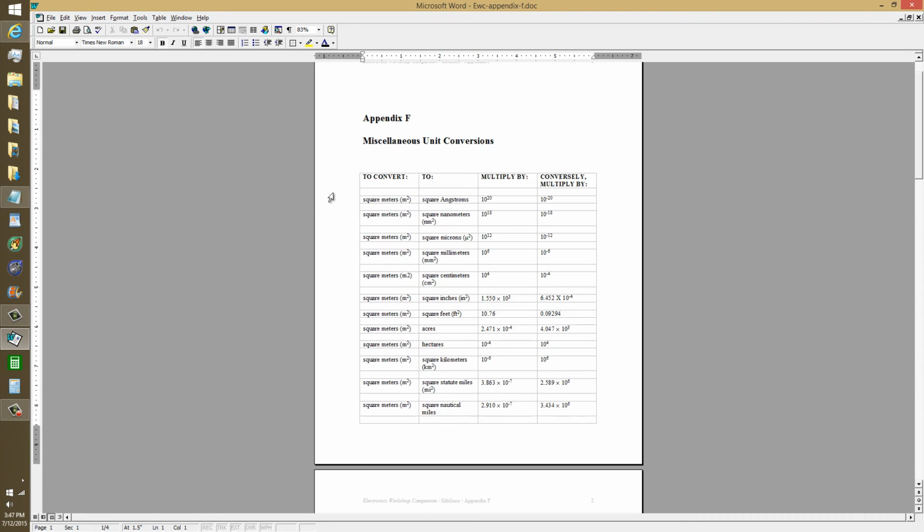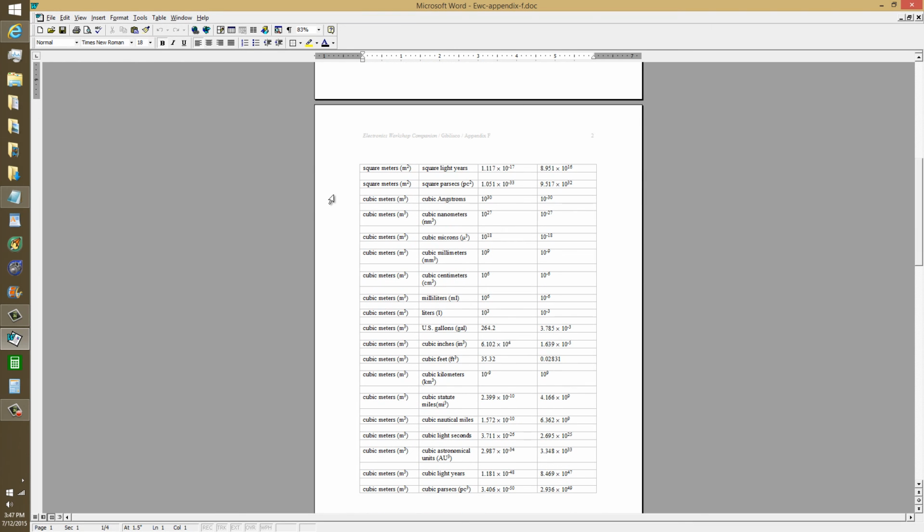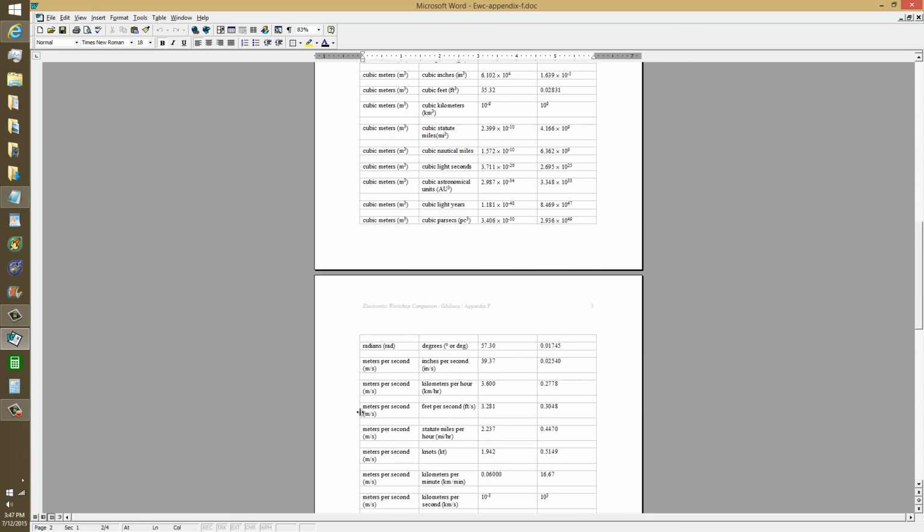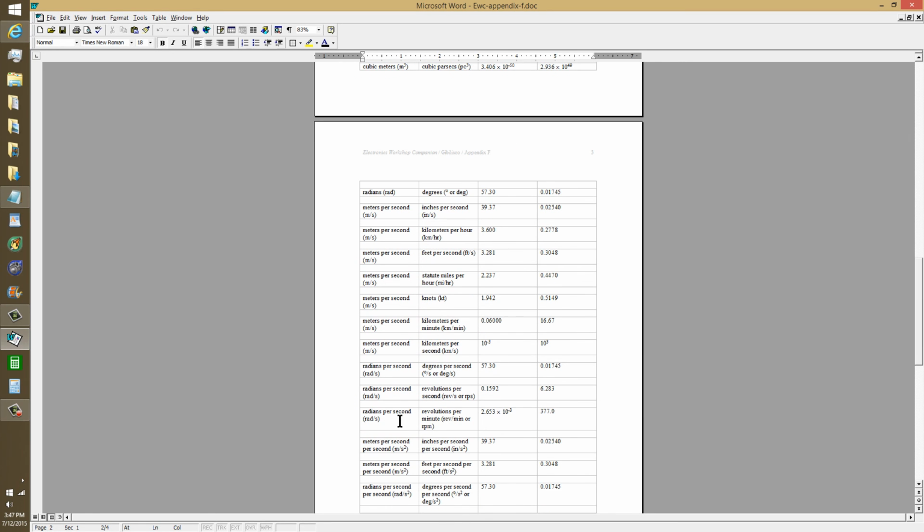Miscellaneous unit conversions. Well, this is miscellaneous physics units: cubic meters, radians, radians per second, angular speed, that happens to be, things like that.